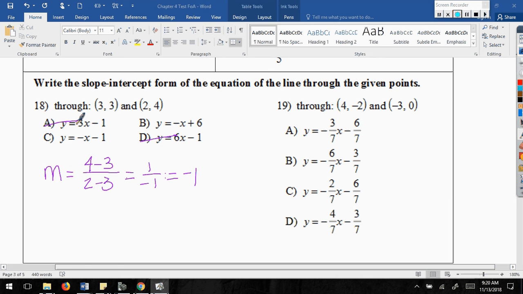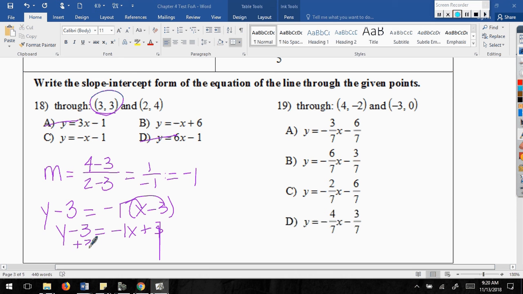So it's either B or C. So what I'm going to do is use point slope so I can show you how to distribute here. I'm just using this point, 3. So I have y minus 3 equals negative 1 times x plus 3. And then I add the 3. So I get y equals negative 1x plus 6.